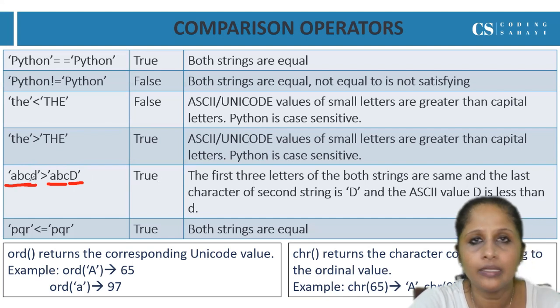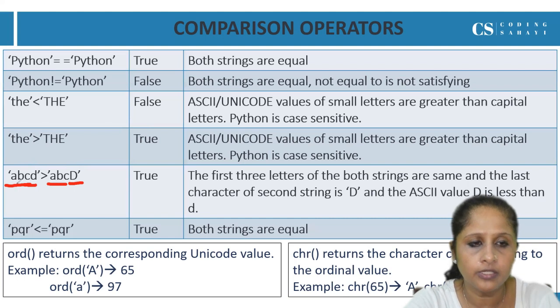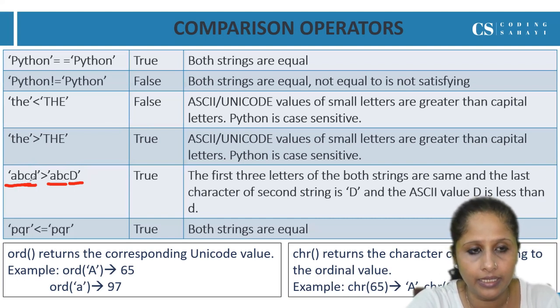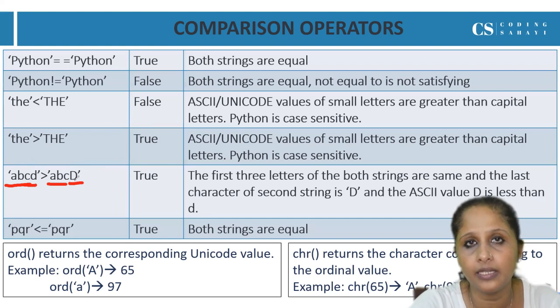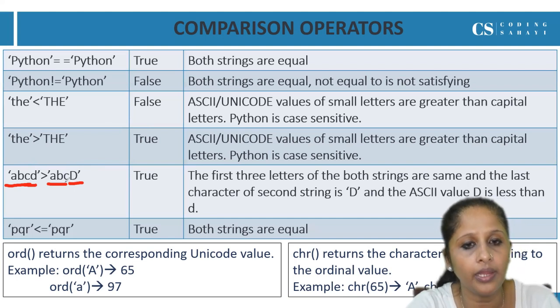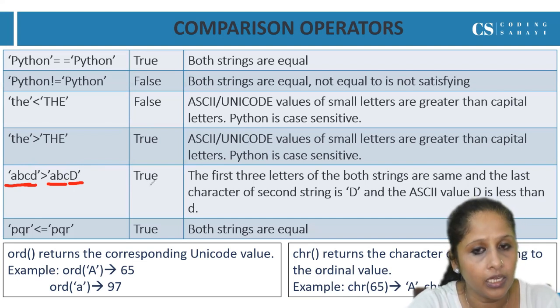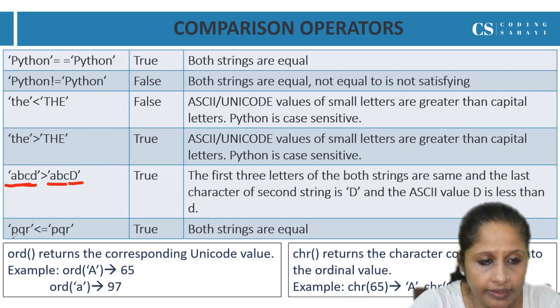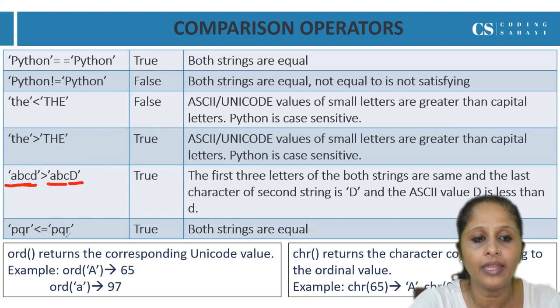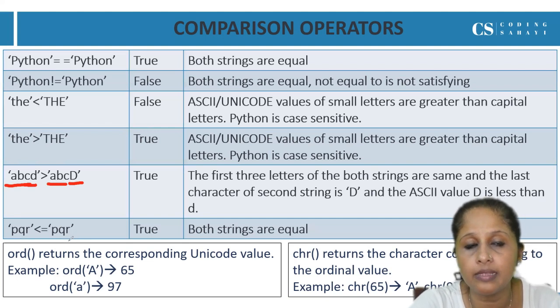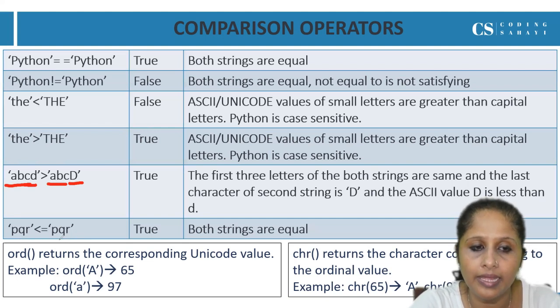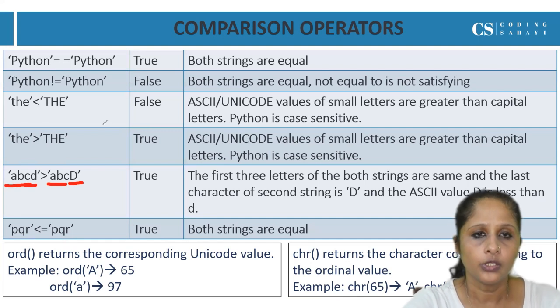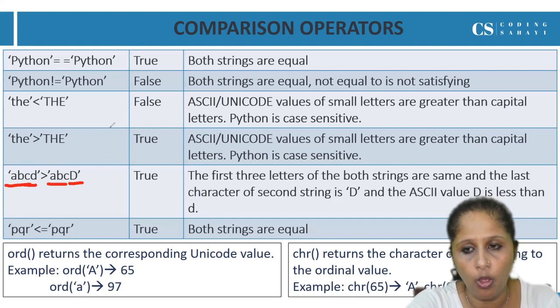The first 3 values give 0 because all the letters are the same, but for the last one it checks small d greater than capital D, so it is satisfied. That's why you are getting true here. Then in this case "PQR" less than or equal to "PQR" gives true because both strings are equal. Okay, so these are our comparison operators.